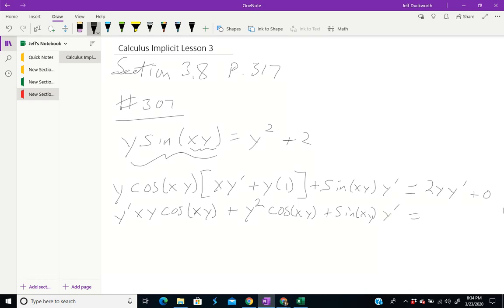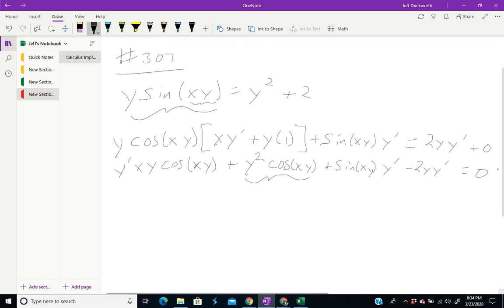And actually, let's move this other bit over. So I'm going to subtract a 2y prime from each side. All right, so the part that doesn't have a y prime involved with it is this part here. So I'm going to subtract this from each side.